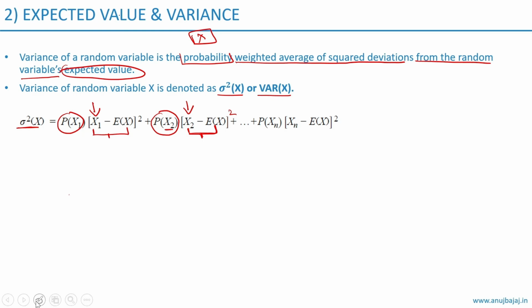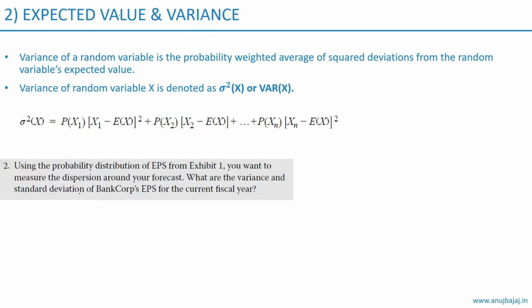So let us look at an example using the probability distribution of EPS from Exhibit 1. You want to measure the dispersion around your forecast. What are the variance and standard deviation of Bank COP's earnings per share for the current fiscal year? If you remember, we had 4 possible outcomes for the earnings per share.